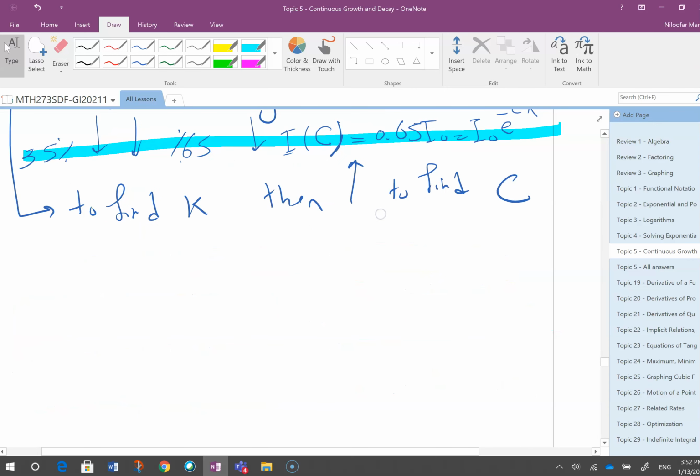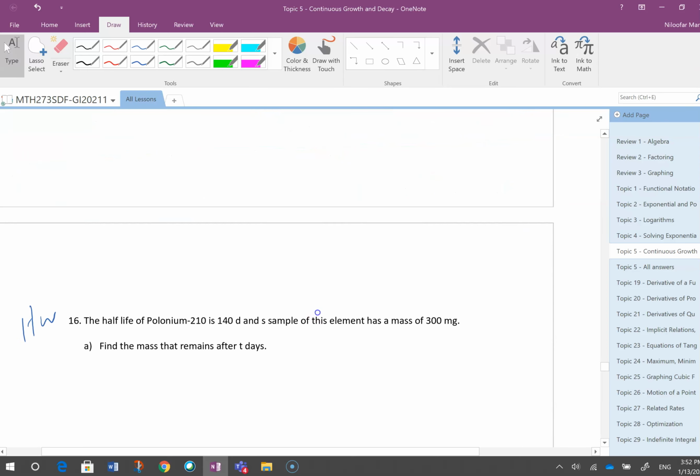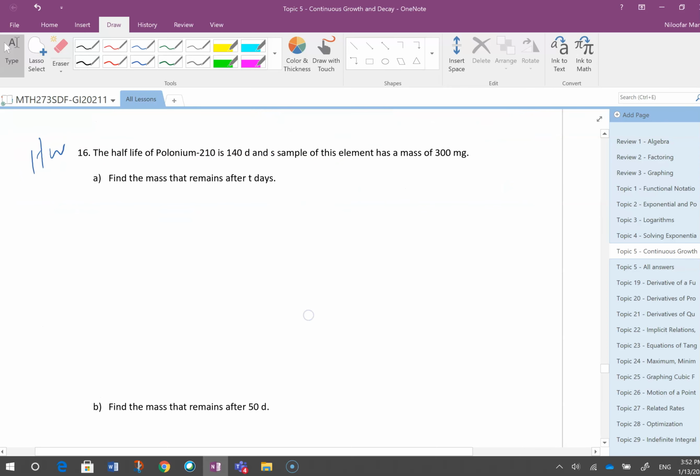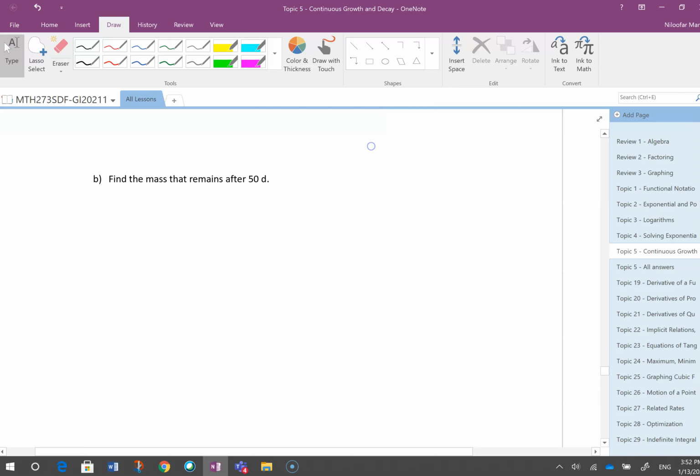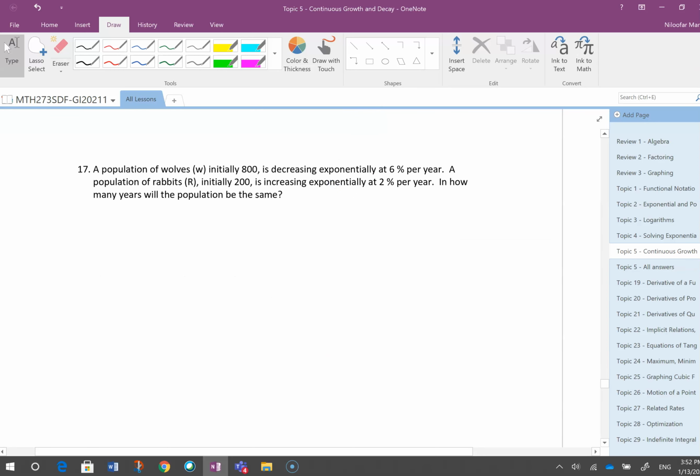That can be done by you, then you can check in the answers. This is also very similar, so I can leave them as homework, and question 16, and now I can go to 17.